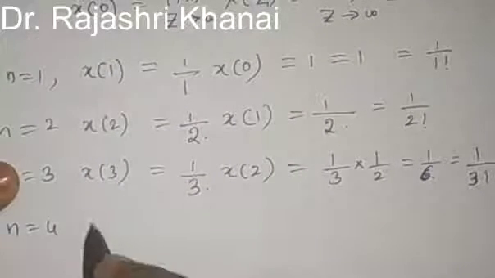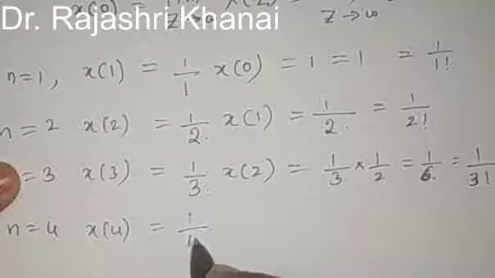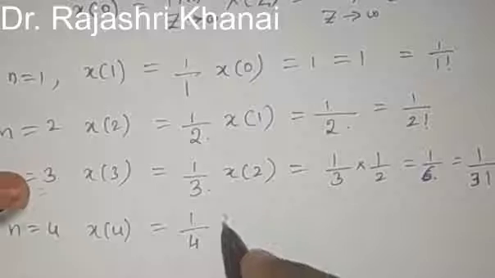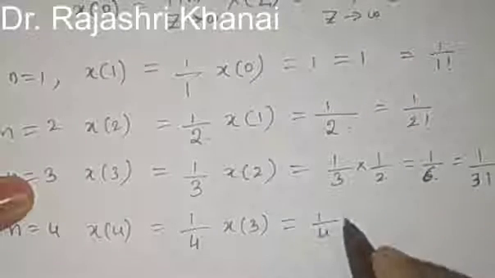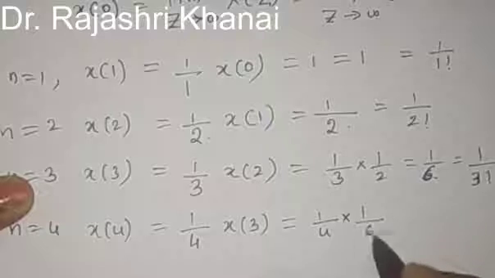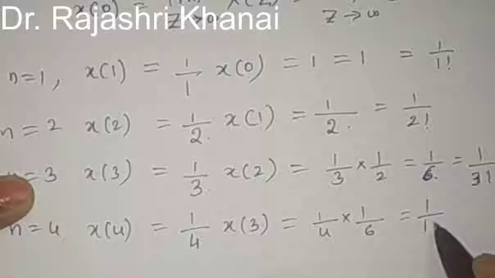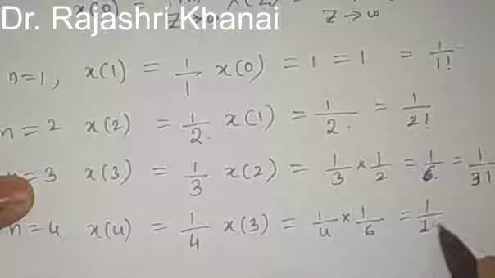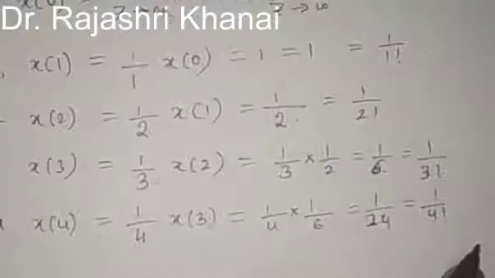Similarly, when I put n equal to 4, this becomes x of 4, which is 1 upon 4 into x of 3, that is 1 upon 4 into 1 upon 6, which is 1 by 24, and that is nothing but 1 upon 4 factorial.